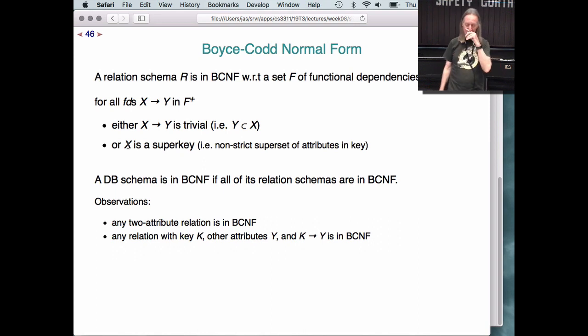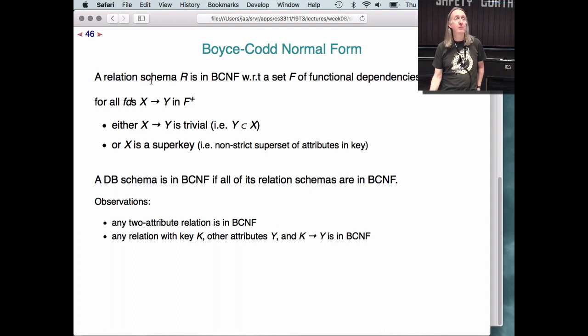I said superkey, you can add extraneous attributes if you want, but basically what we're really interested in here is that the left-hand side of all of the functional dependencies related to that table should contain a key.